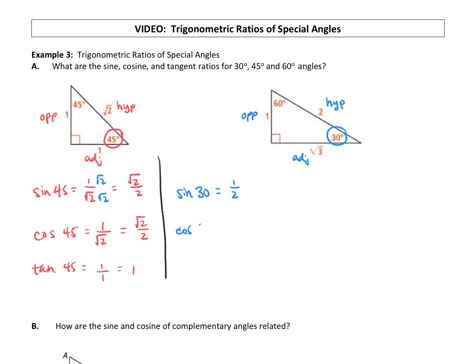Cosine of 30 degrees is the adjacent side over the hypotenuse, so root 3 over 2. It's okay to have your radical in the numerator, so we'll leave that one alone. Tangent of 30 degrees is the opposite over the adjacent, so 1 over root 3. We're going to rationalize that, and we'll get root 3 over 3 for our tangent function.